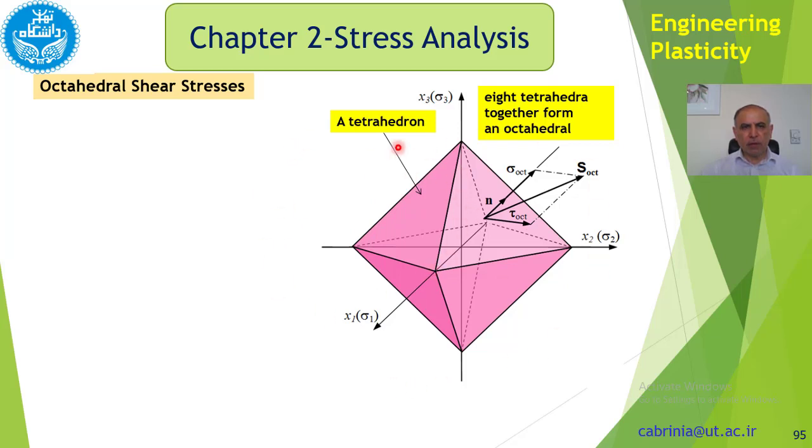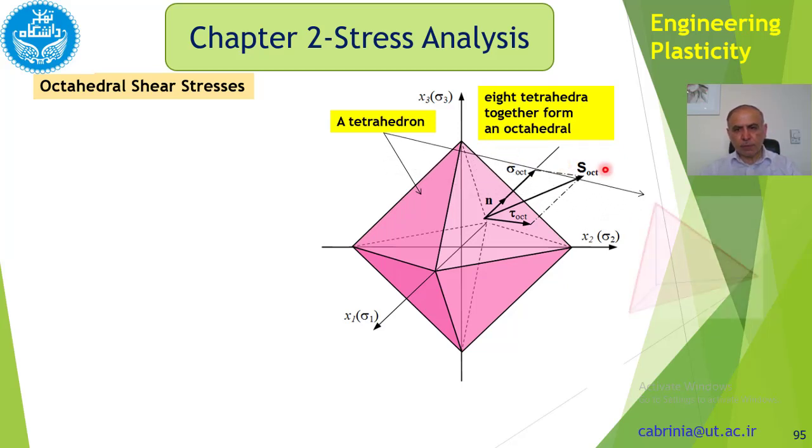Each of these shapes we call a tetrahedron, and because there are 8 of these tetrahedrons, we call the total shape octahedral. Octa is for 8. 8 tetrahedra together form an octahedral.